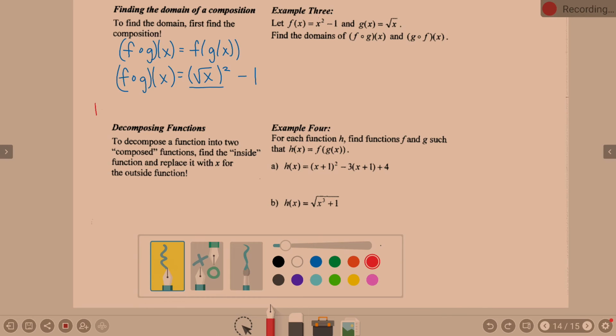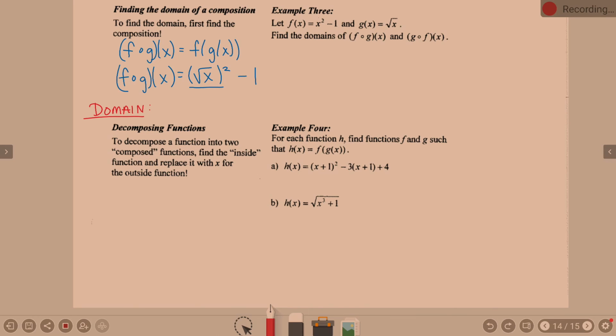So when we talk about domain, domain are the what type of values? X values, right? So what type of values can we put in here? And this is why I left it as is.